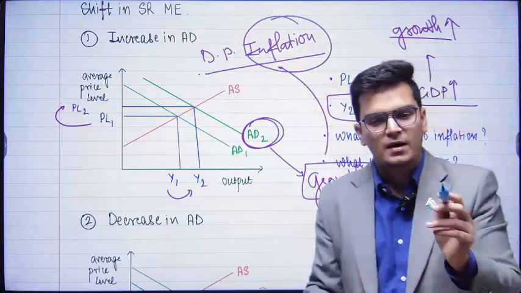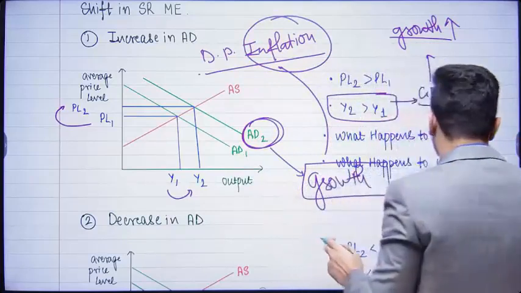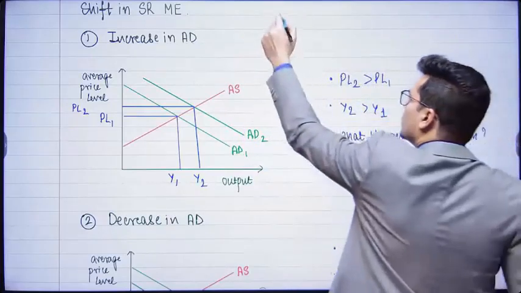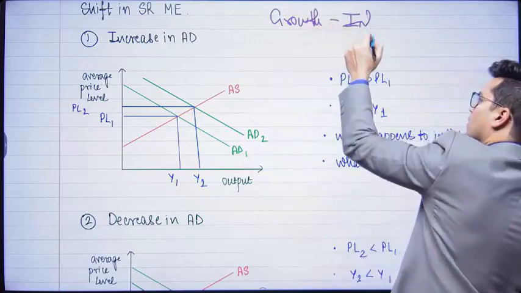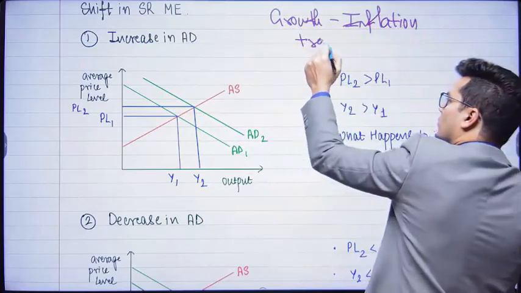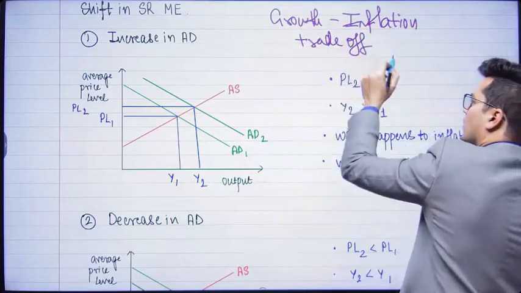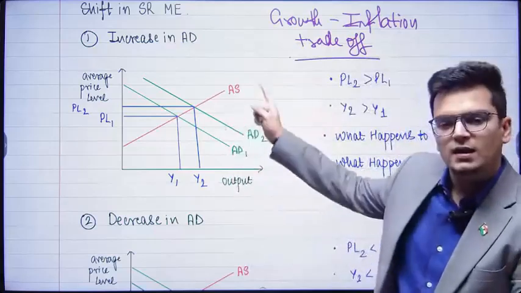अब यही हम पढ़ रहे थे बहुत टाइम से. We have been reading in the newspapers, I have shown you multiple times this news of growth inflation trade-off. This is exactly what we've been reading in the news कि यार ग्रोथ भी करानी है.